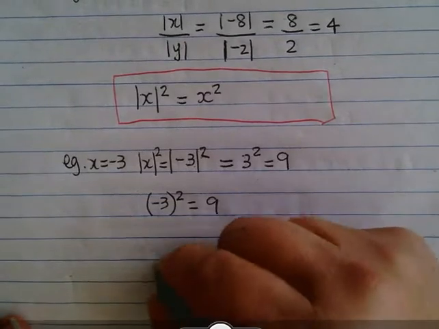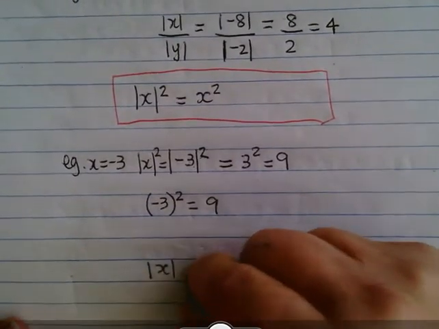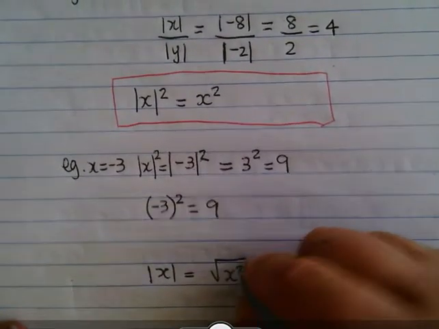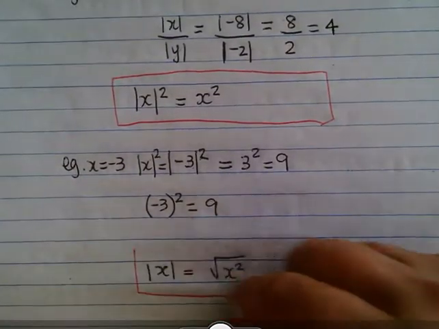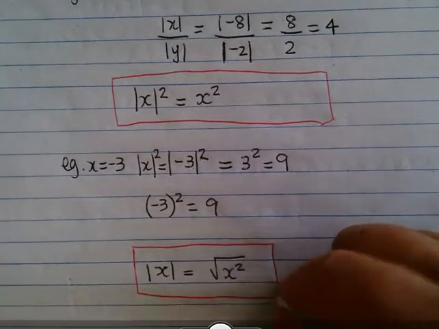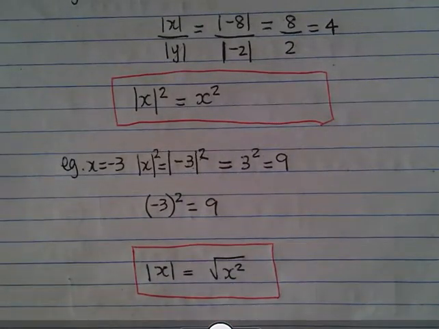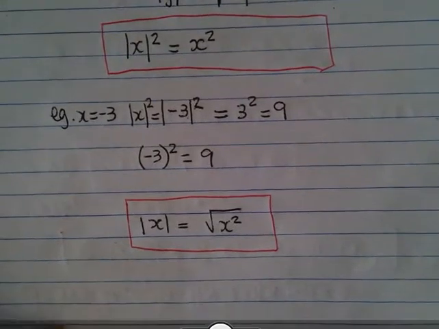And the last one is this one. The absolute value of x is the square root of x squared. So let's have a look.